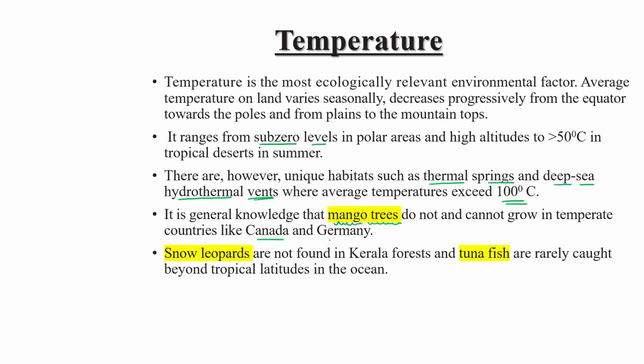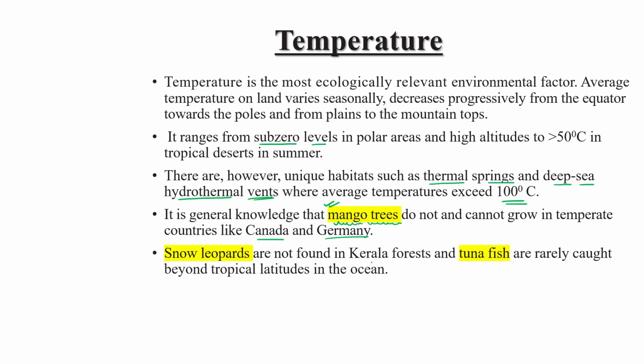In Canada and Germany, you can easily find apples, oranges, pomegranates, these types of fruits, but not mango, because mango requires a certain fixed temperature for, as I told you, flowering and fruiting purpose, right?